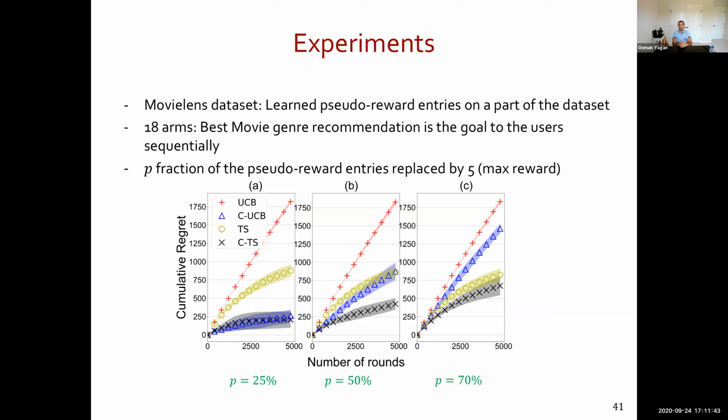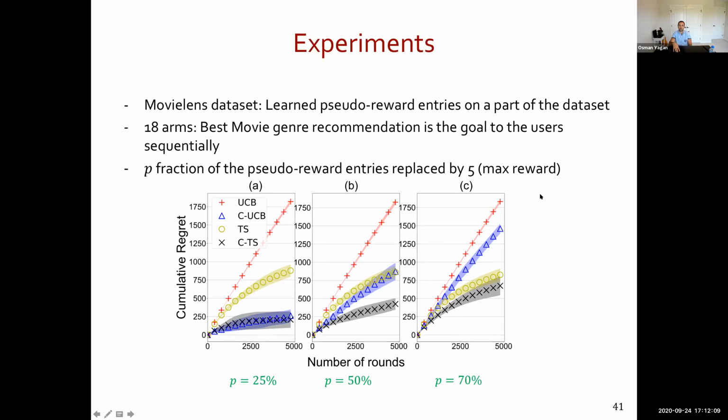The trivial upper bound is used. And what we see is that even if p is 70%, so we take the data set, we have upper bounds for conditional mean rewards, but 70% of them are just replaced with trivial results, even then we can see relatively substantial improvement with our algorithms as compared to the classic setting.